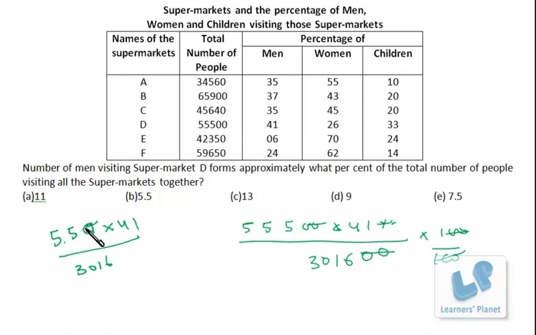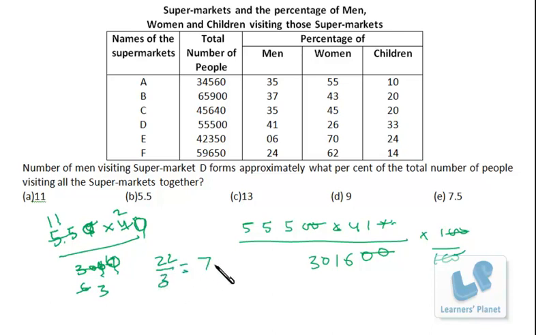I may make it 0, 0, 0 and 0, right? 3016 to be approximated to the lower side, that is 3000, and both the data are approximated to the lower side. So it's 0, 0, 0, 0, right? 5, 11, 5, 6, it's 3, it's 2. So it's 22 by 3.